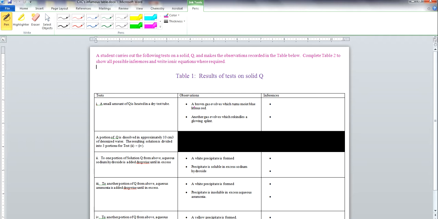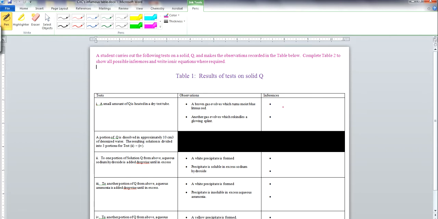So it says here, a brown gas evolves which turns moist litmus paper red, right? Moist litmus paper red. Now, that means that the gas that was evolved is acidic. And there are two possible things that you can infer about this.